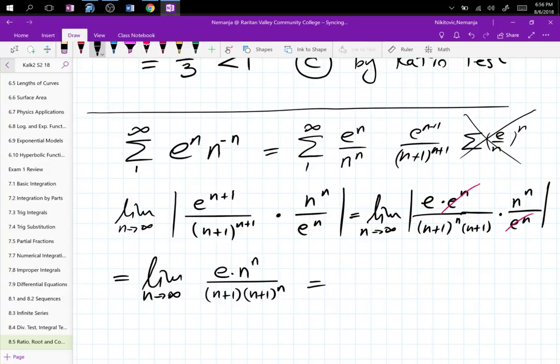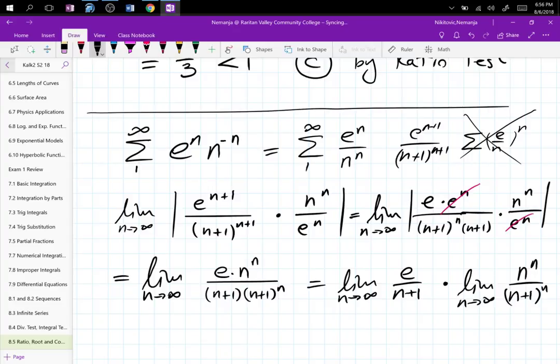So now we have to take this limit. So we shifted now the problem into this, and I can say that if you know your properties of limits, obviously, you have your limit n goes to infinity of e over n plus 1 times the limit n goes to infinity of n to the n over n plus 1 to the n.